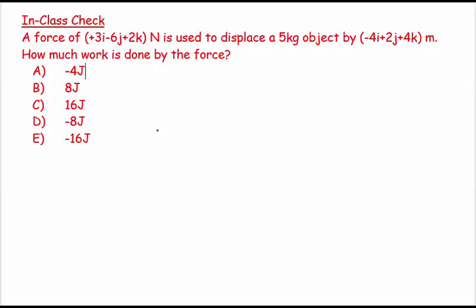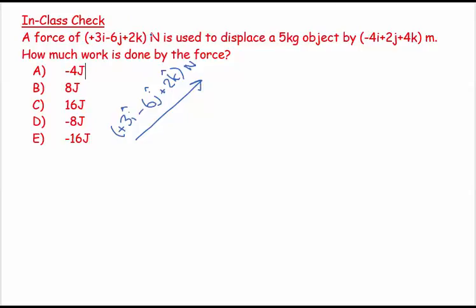I've got to visualize it, and so basically I can just draw a vector indicating the force, and this would be plus 3i minus 6j plus 2k newtons. Now, how do I get this direction? It's just symbolic. I have no idea what direction it is. I could work it out, but I don't need to.